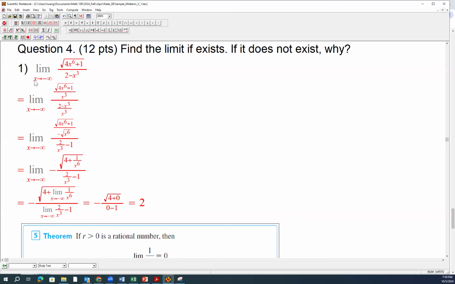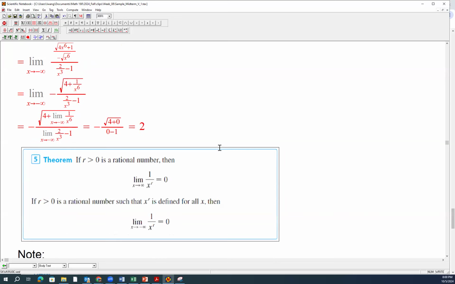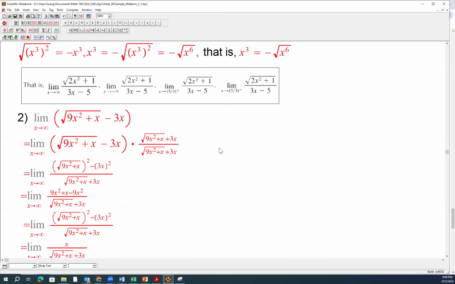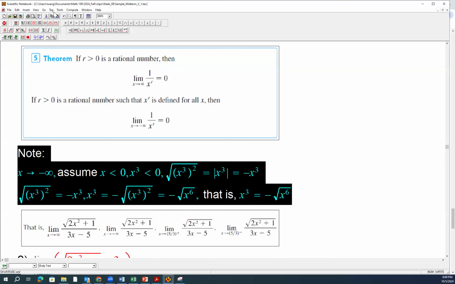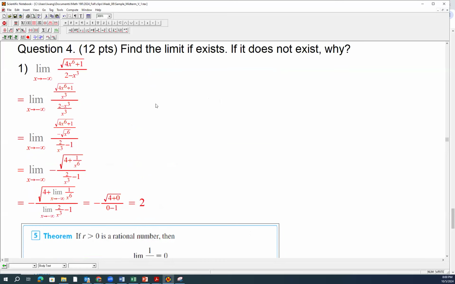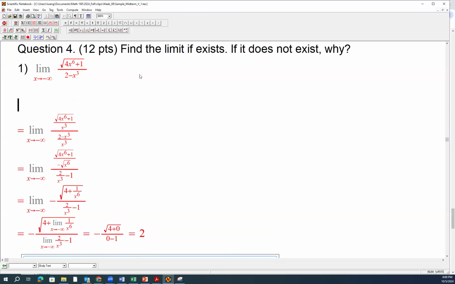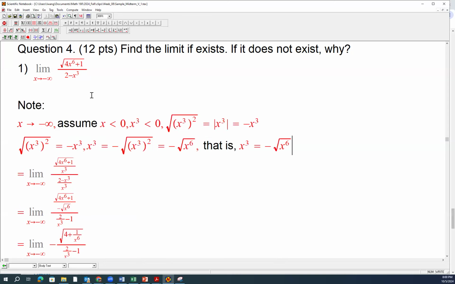Notice that we have x approaching negative infinity. Hold on, I'm bringing this important note over here for illustration.